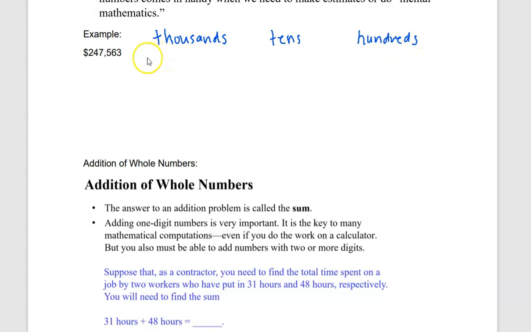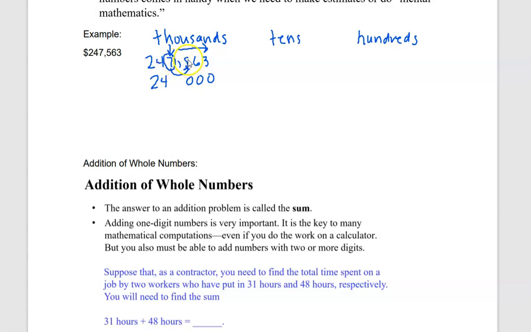Okay, so if I told you to round this number to the thousands place, well, the thousands place value is right here. So if I'm rounding to the thousands place value, I automatically know that everything after that is going to turn into a 0. I'm going to keep the numbers the same that are before it. Now I'm going to have to make a decision about that number, and I'm going to say, okay, look next door.